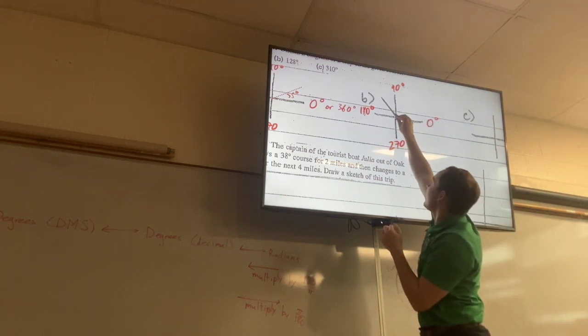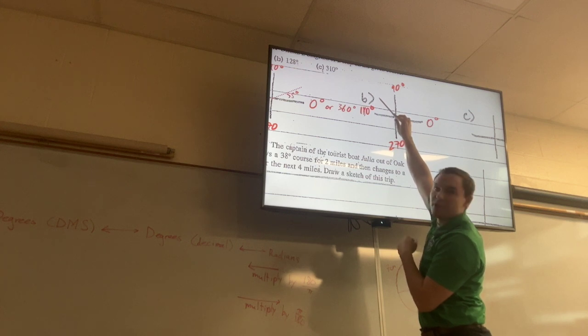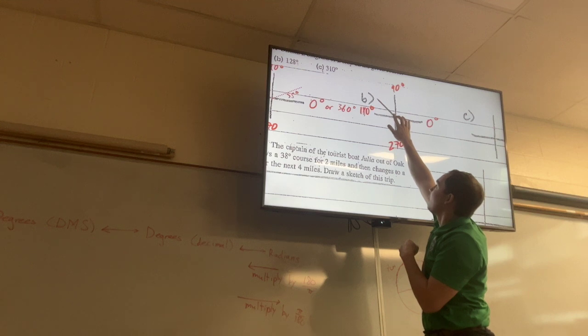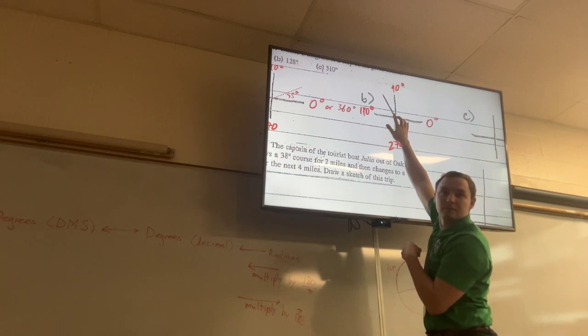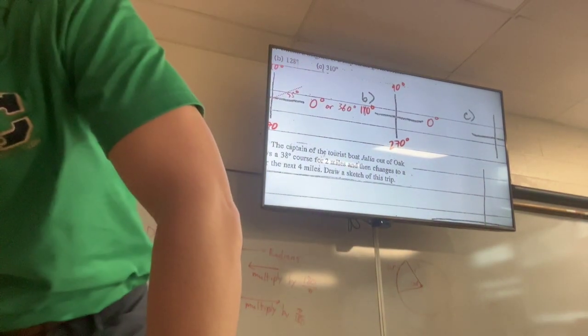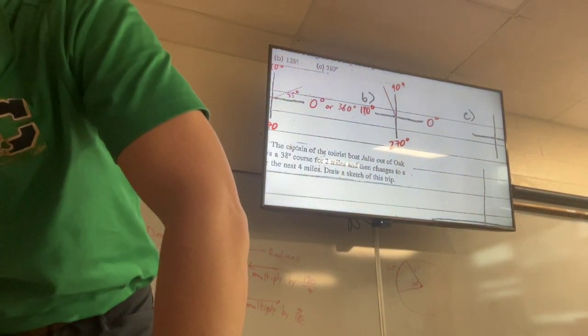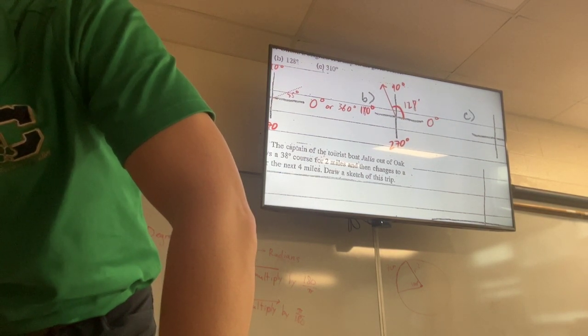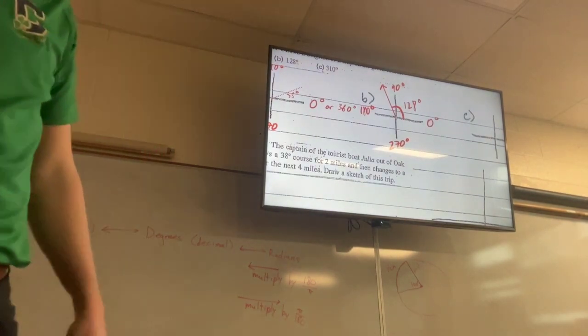So a 135-degree angle would be exactly halfway between those two, right in the middle of that second quadrant. But we want a 128-degree angle. So that would be a little more pointed toward the 90-degree axis. Like that. So this is a 128-degree angle.